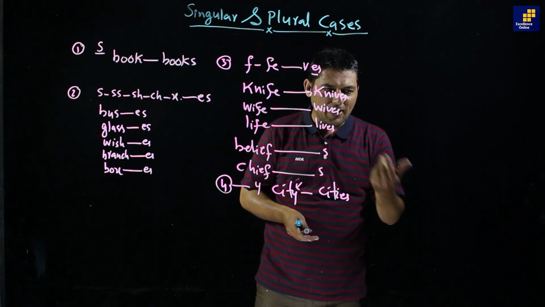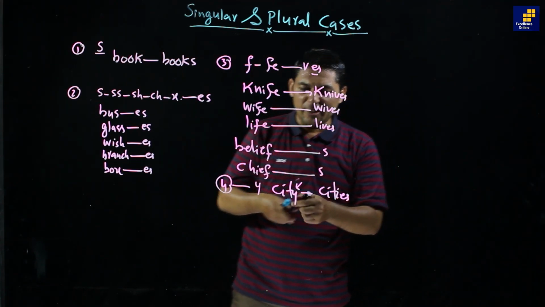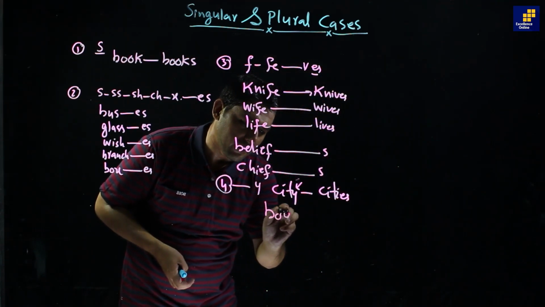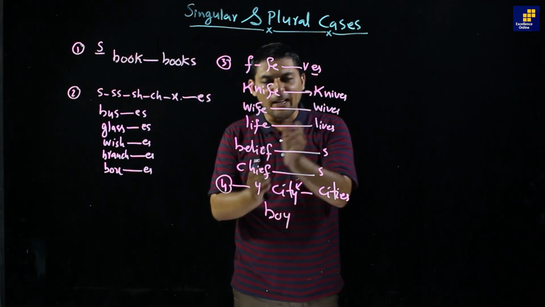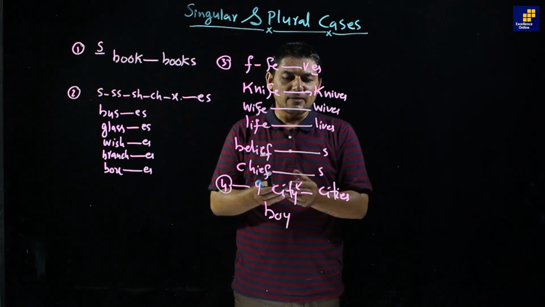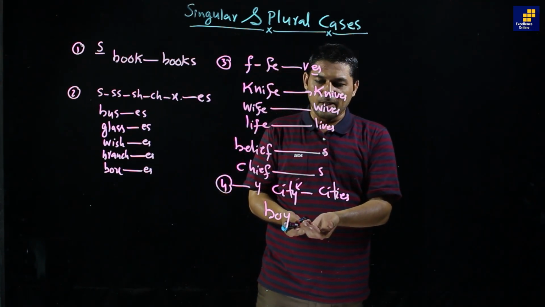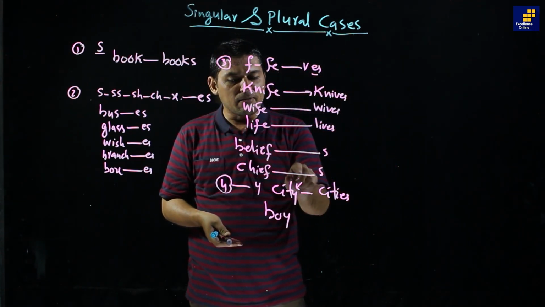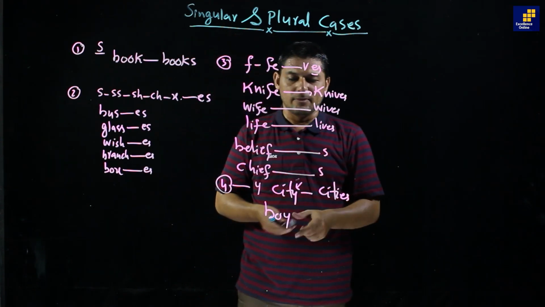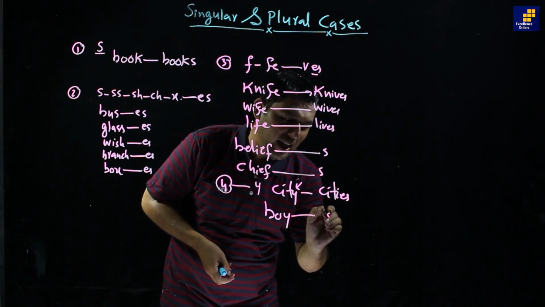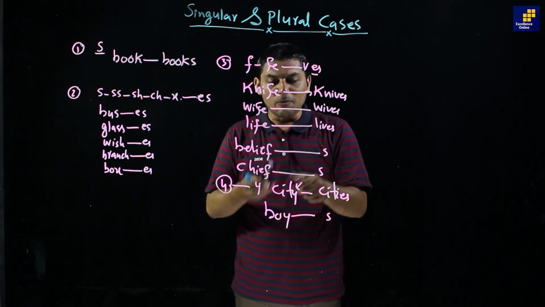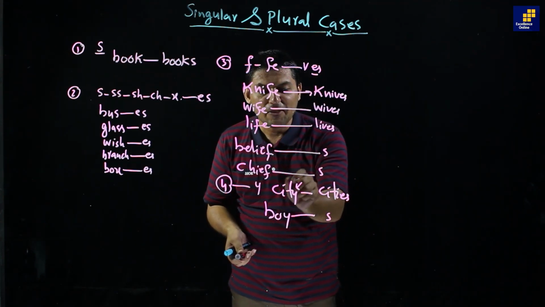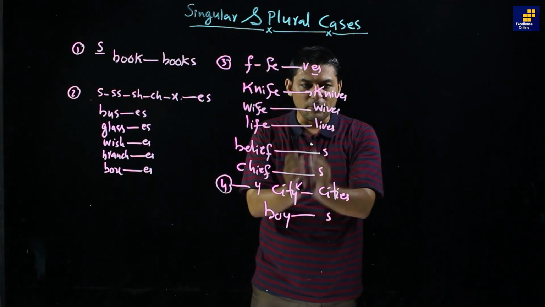But we have one exception case, or a little change. Example is boy. At the end of this noun we have y, but before y there is a vowel letter, not a consonant. If we have a vowel letter before y, then this formula is not applied. We have only the simple formula. Before y there was an o sound, and o is a vowel.